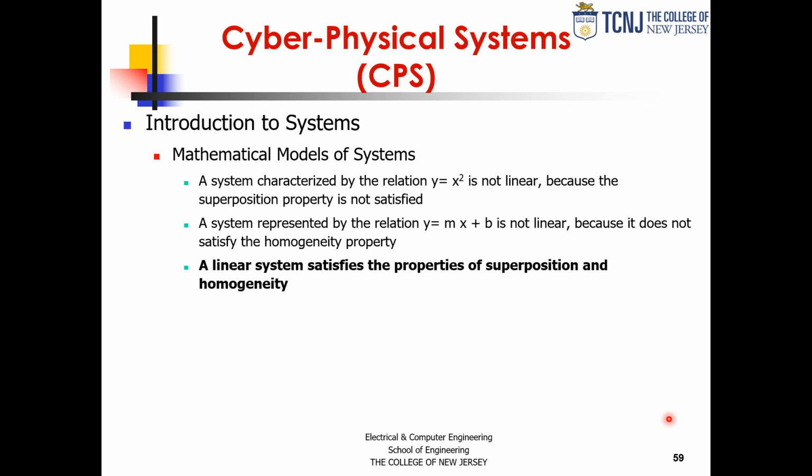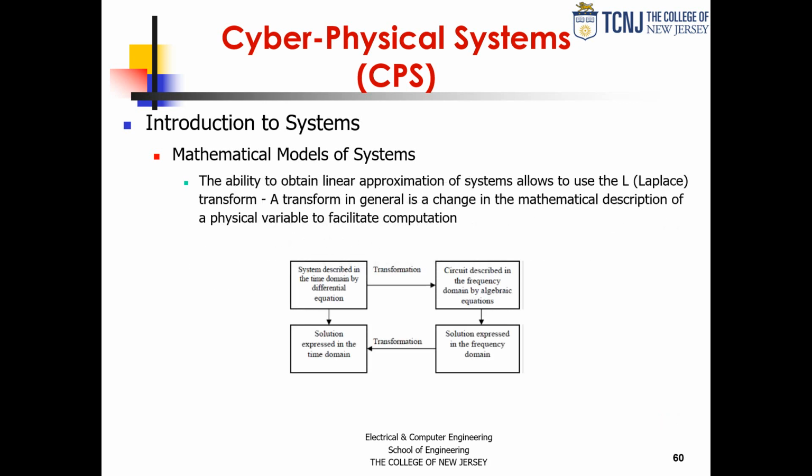Okay? So to summarize, a linear system obeys the characteristic of superposition and is homogeneous. Okay? So if systems are linear, then we can use linear transform techniques that you are familiar with. Things like the Z-transform for discrete systems, Laplace transform for continuous time systems.